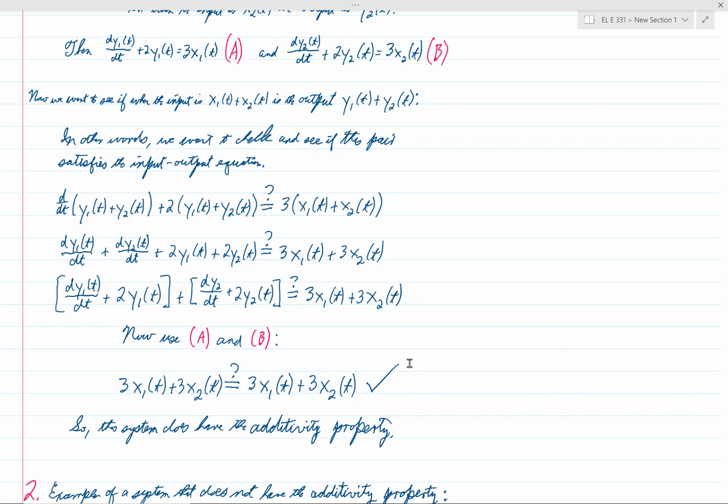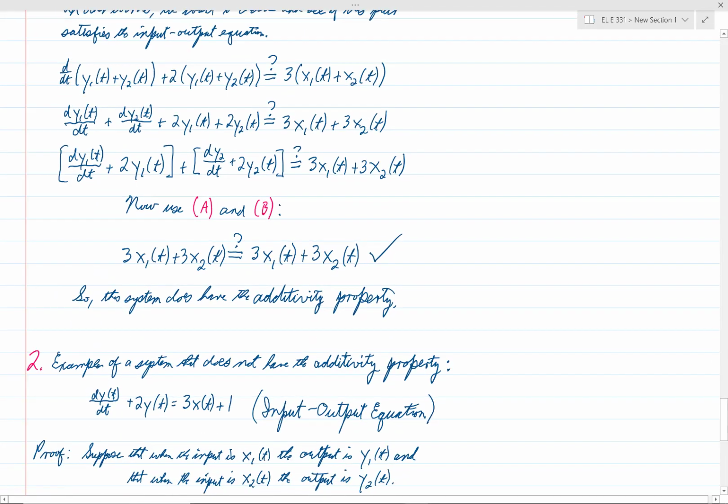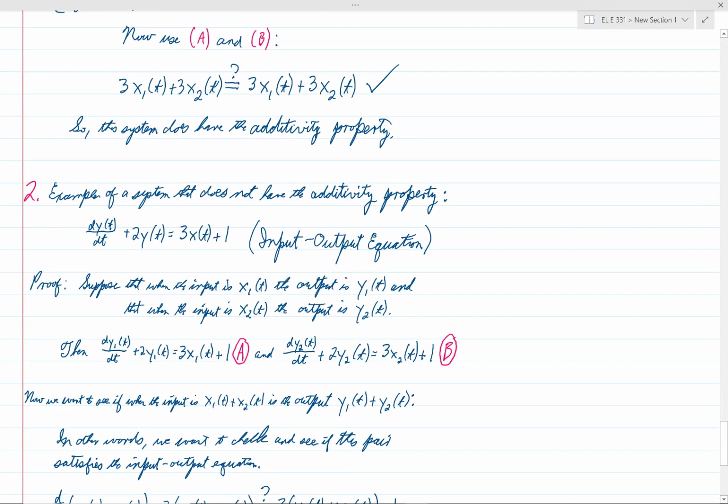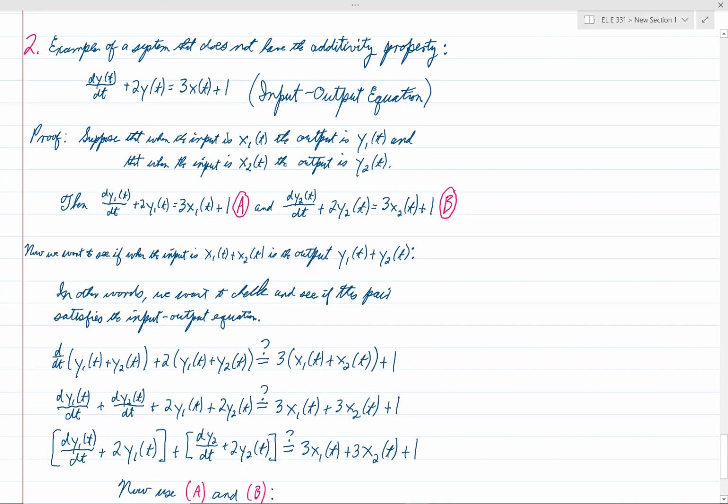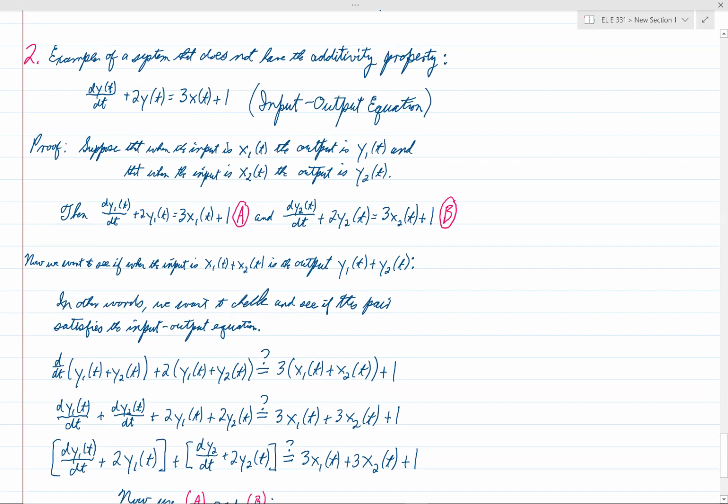And now we have only one more example that we have to consider, which is right here. Again, it's identical to the second example we considered with the scaling property. We're going to again look at the system with the input-output equation dy dt plus 2y of t is equal to 3x of t plus 1.